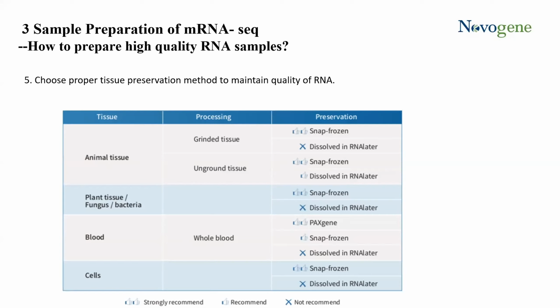For animal and plant tissue or cells, we always prefer the snap-frozen method. If it's blood, you can use vacutainer tubes or snap freeze, but we do not recommend using RNAlater to dissolve the tissue, because we find that most of the time it leads to RNA degradation.